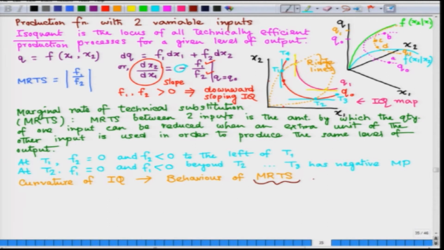So MRTS basically gives a degree of substitutability. So now let us look at this substitutability issue in greater detail, which will lead us towards the curvature of the isoquant.